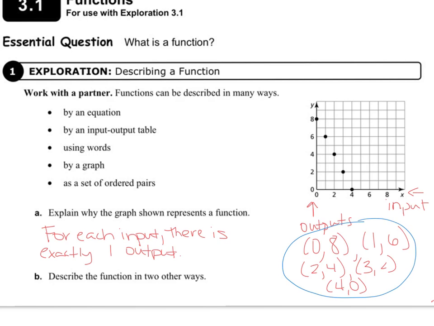This is one way to describe the function. We used ordered pairs. You could also create an input-output table, like an XY table, where we would have the 0, 8, 1, 6, 2, 4, and so on. So that's two other ways to show and describe this function.